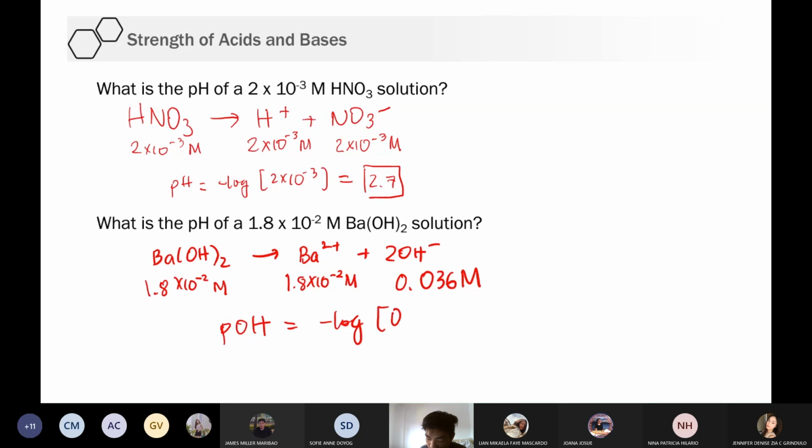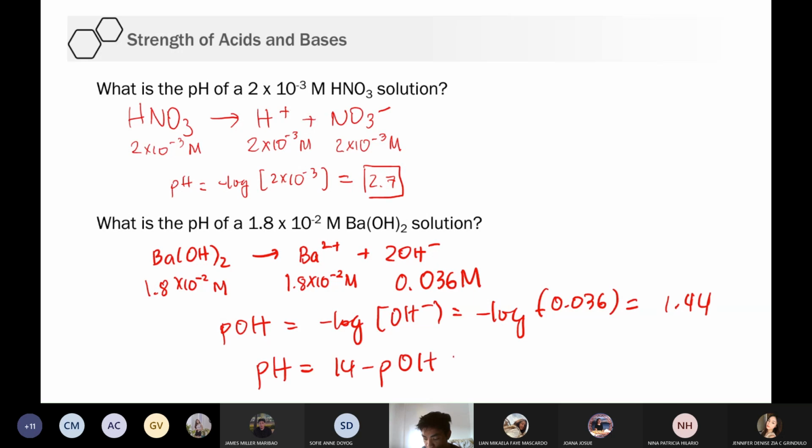This is the negative log of the concentration of OH. So that's 1.44 for the pOH. Then to solve for pH, that's 14 minus pOH. It will give us 12.56. So this is the pH of the barium hydroxide solution.